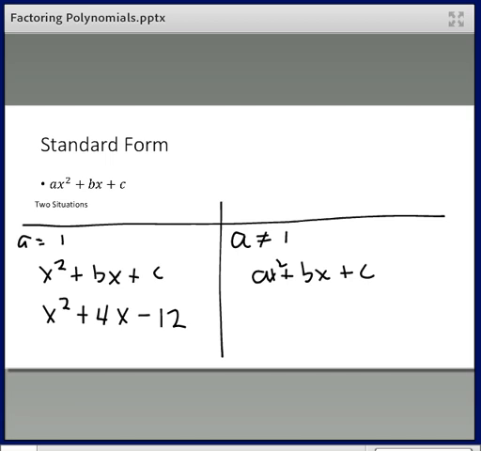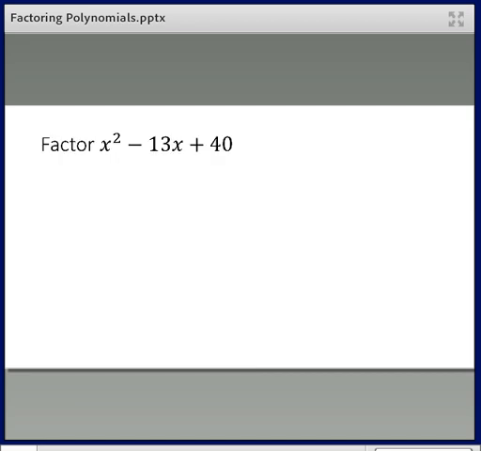Over here, ax squared plus bx plus c would be something like 6x squared plus 5x minus 10. Those are the kinds of things we're factoring, and the ones we're going to look at all factor. If they don't follow some of these rules, then you have to check whether or not it factors. That'll be something for a different lesson, maybe in the help sections.